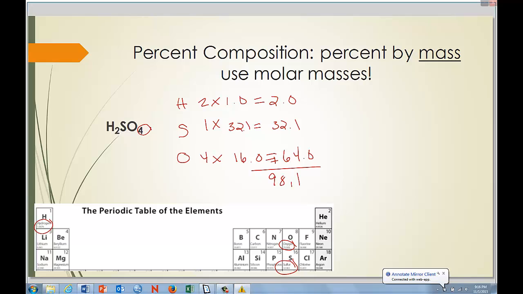So, depending on how the question's worded, I'm just going to go ahead and do the percentages for all of them. Although if the question is asking for a specific element, I would just do the specific element. So 2 divided by 98.1 times 100 comes out to be 2%.